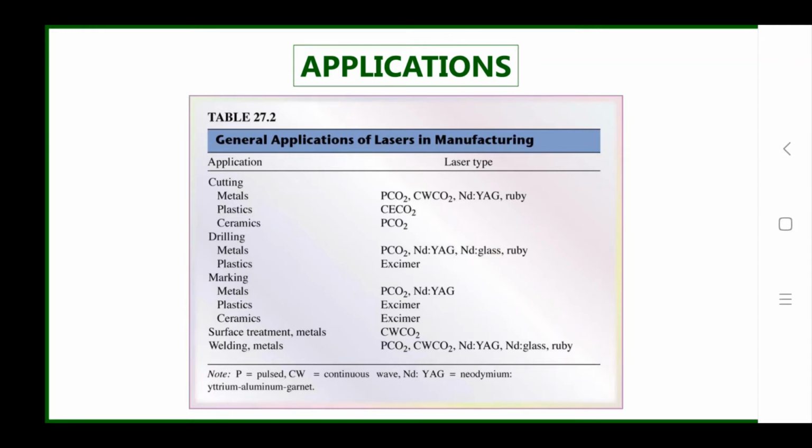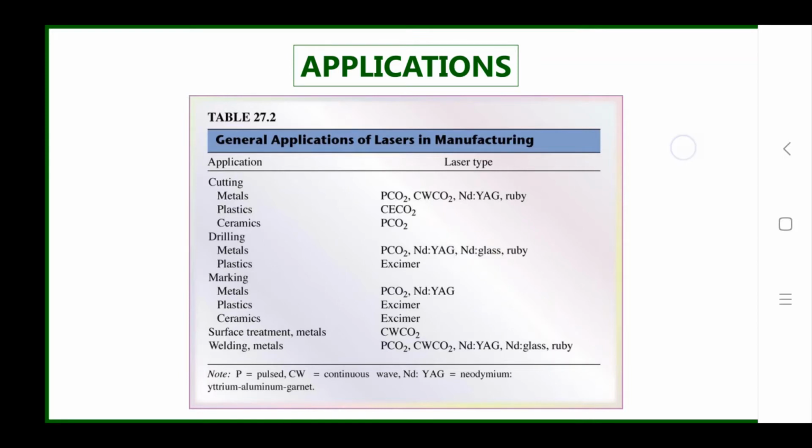Then for the application of drilling, if you drill metal or plastic, we can use a different laser type. Again for marking application, you can use laser. For surface treatment and welding of metals, we can use different types of laser.